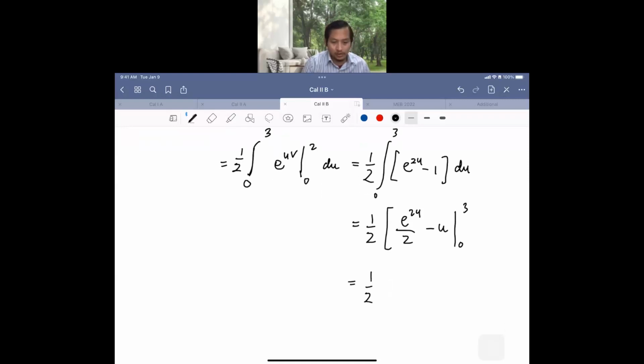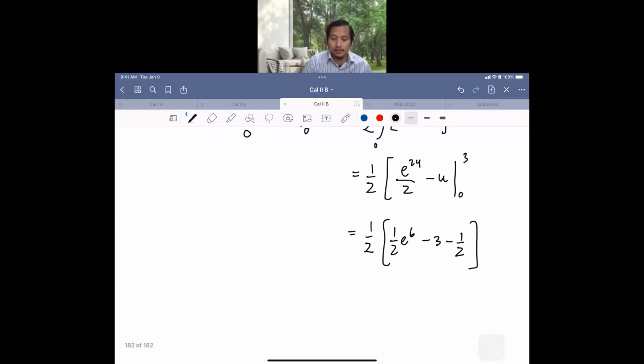So this will be half, 6, right? E to the 6. So half of e^6 minus 3, minus 3, and then 0 is minus half, right?